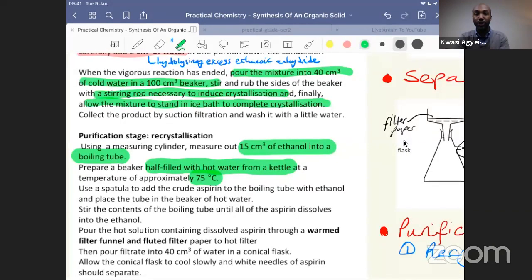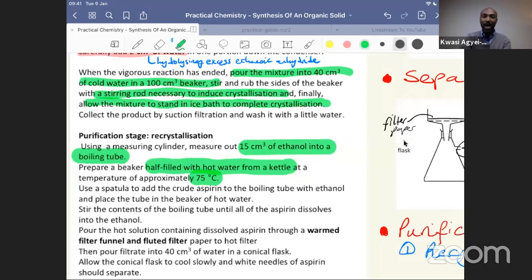Because you don't want to start off with, say, 20 centimeters cube of hot solvent, put your solid in there and cool it down and realize that you're not getting any crystals because you have too much solvent to start with. Okay, so that's something to bear in mind.